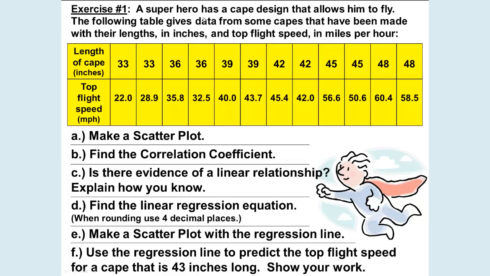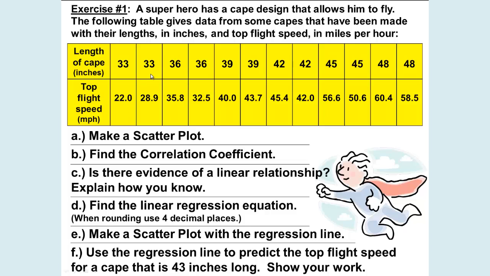A superhero has a cape design that allows him to fly. The following table gives the data from some capes that have been made with their lengths in inches and the top flight speed in miles per hour. If the length of the cape is 33, then his top flight speed is 22 miles per hour.